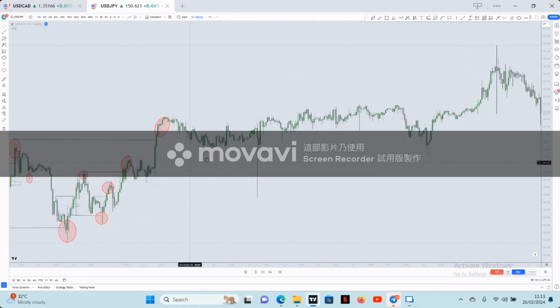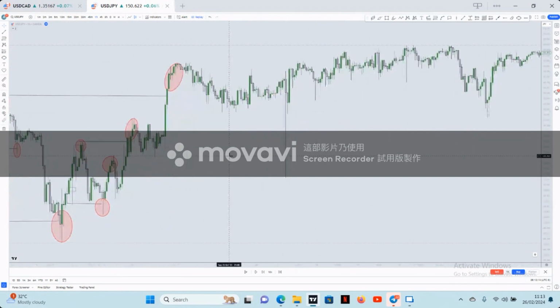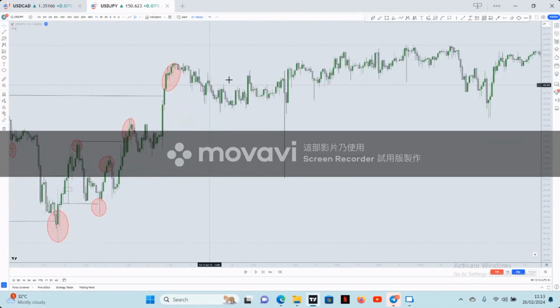Now, this is a very interesting case in the markets. This was inside this fair value gap, so we should be looking for our entries around here, somewhere here.